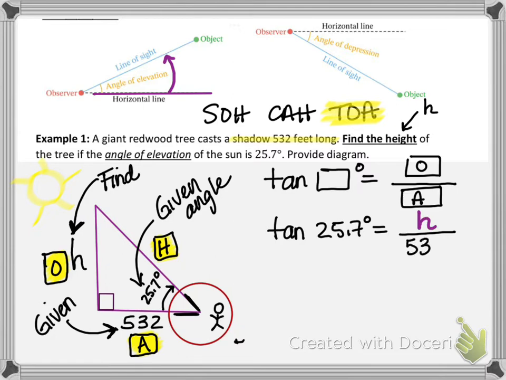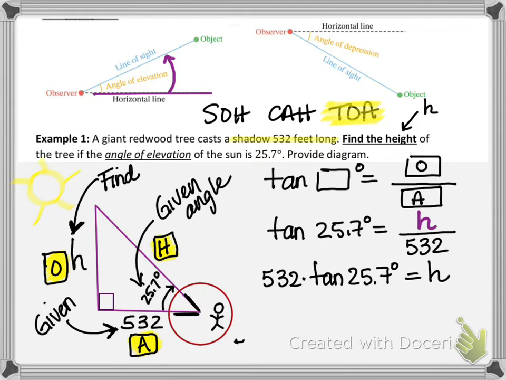Yes, 532. So what am I going to do now? I am going to multiply both sides by 532 because it's dividing. So 532 times the tangent of 25.7 degrees is going to be my h.